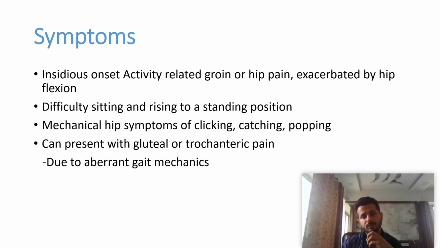These patients would come to us with insidious onset activity related groin or hip pain, which is aggravated by hip flexion. They also would be having difficulty sitting and rising to a standing position. Clicking, catching, popping might be there, and they can also present with gluteal or trochanteric pain due to aberrant gait mechanics.